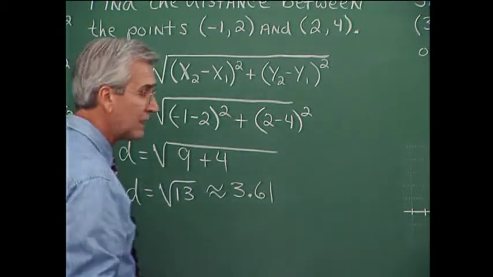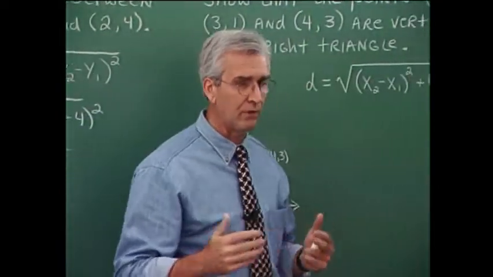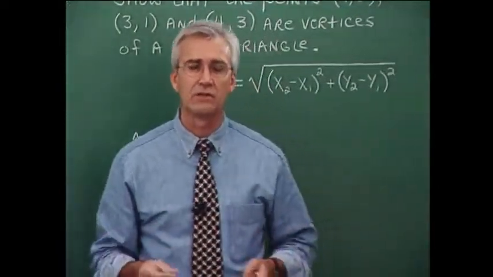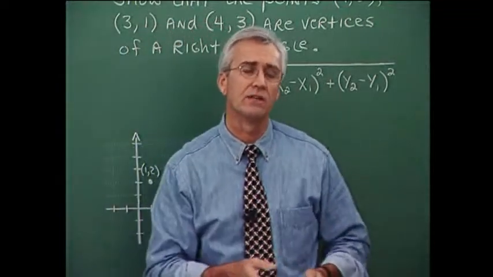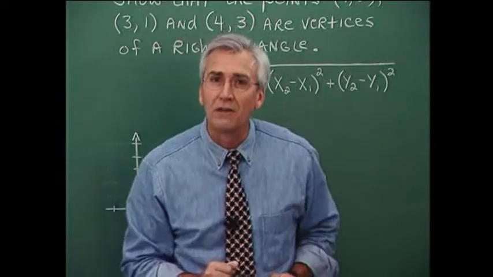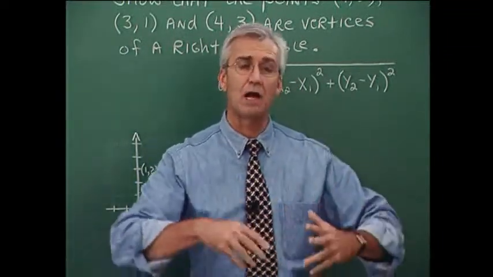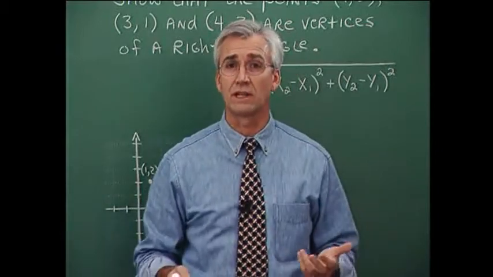Now, a very interesting aspect of the Pythagorean relationship is this. You know, usually we use it like this: given a right triangle, c squared equals a squared plus b squared. That is, the square of the hypotenuse is equal to the sum of the squares of the legs.